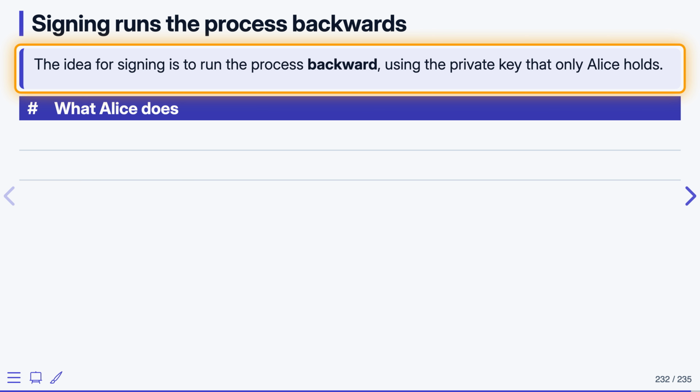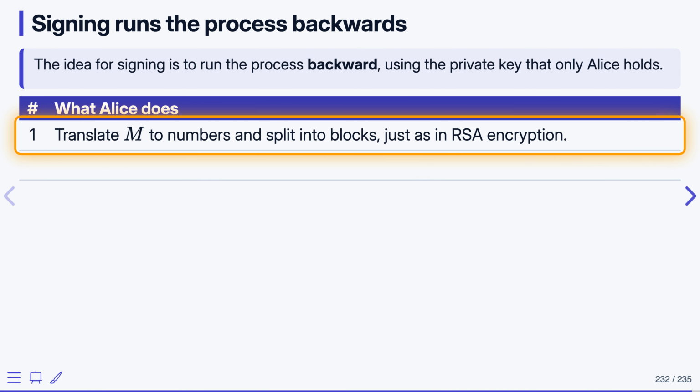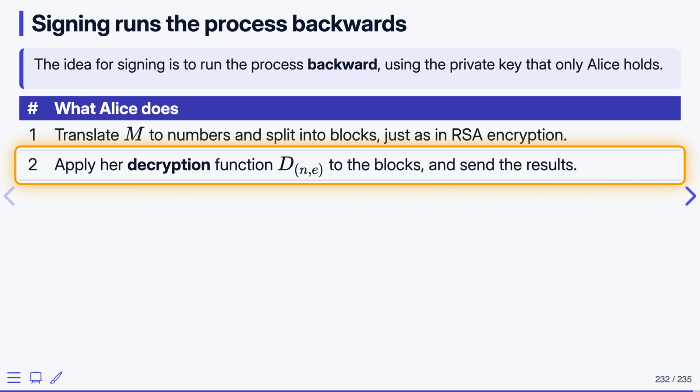The clever trick for signing is to run the process backward, using the private key that only Alice holds. Step 1. Alice turns the message into numbers and splits it into blocks, exactly as in ordinary RSA encryption. Step 2. But now she applies her decryption function to the blocks, using her private key d. Only she can do this.